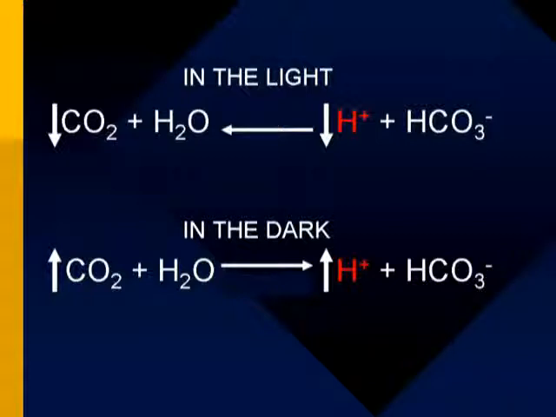In other words, in the light, if the plants start to photosynthesize, we can expect a decrease in proton concentration, so an increase in the pH, and the reverse reaction is expected in the dark.